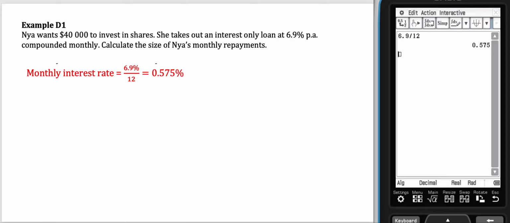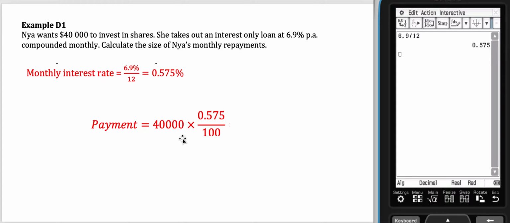Then the next thing to look at is, what's the payment going to equal? And the payment is equal to V0, so 40,000, times R divided by 100. So this line of working here is just using the formula from the previous slide to work out the payment size.